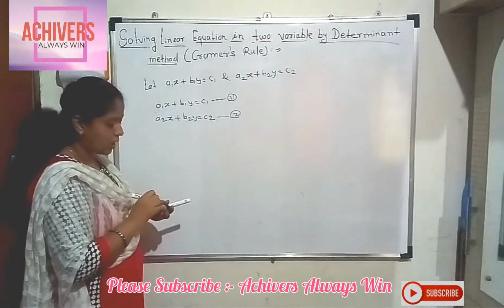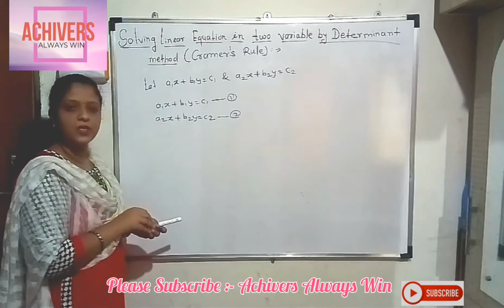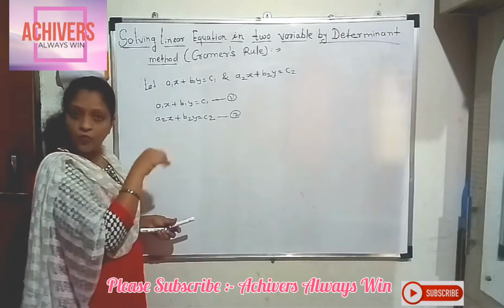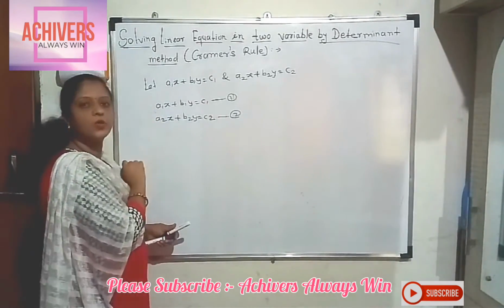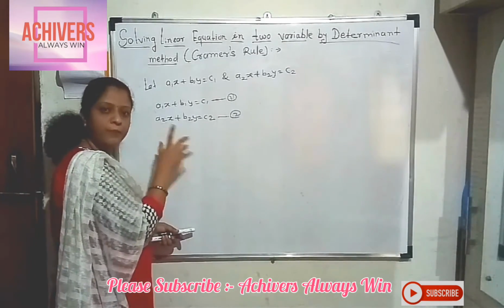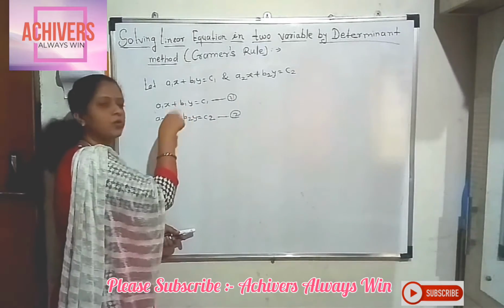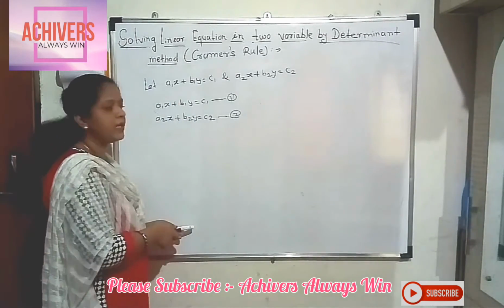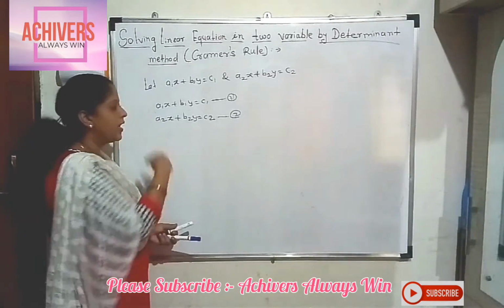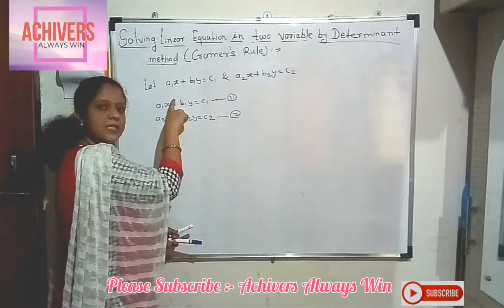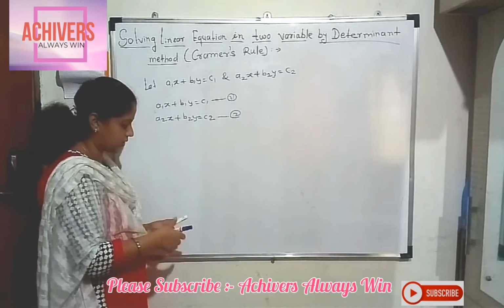Then solve the simultaneous equations by using equating coefficients. Here first we equate the coefficient of y. In the first equation the coefficient of y is b1 and in the second equation the coefficient of y is b2. How can you equate the coefficients? Here is b1, here is b2, so we multiply equation 1 by b2 and equation 2 by b1. The middle sign is plus on both sides, the same, so we take subtraction.